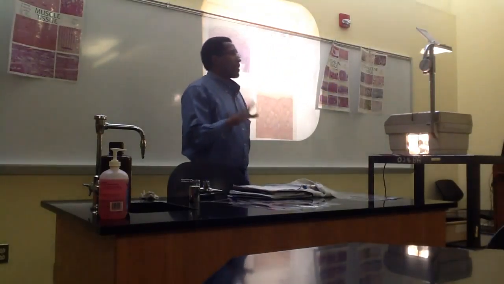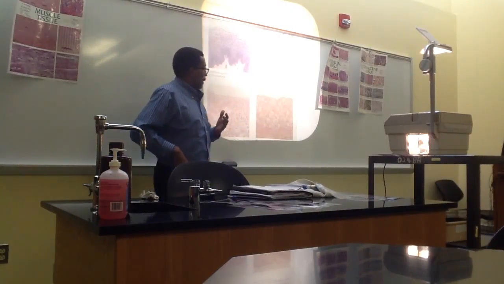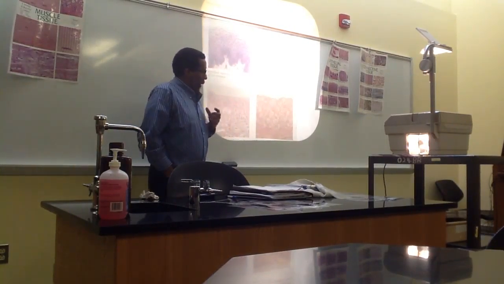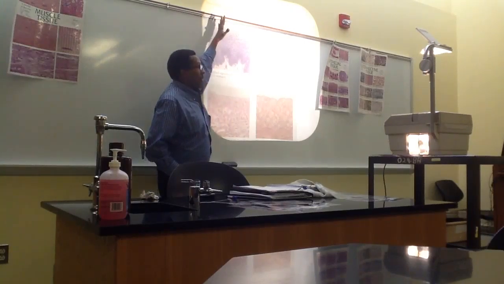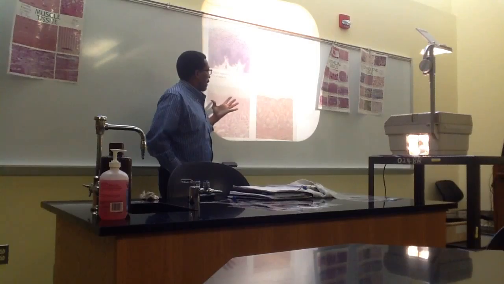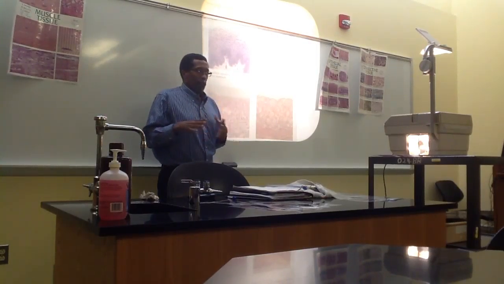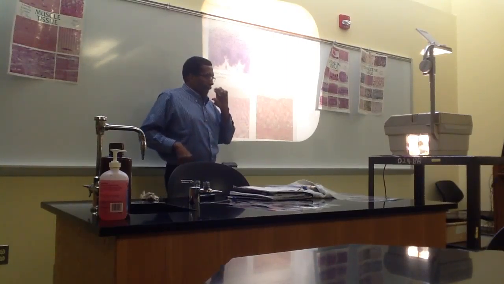All right, notice the system that we're going to use to zero in on the type of tissue that we're looking at. Of course, this is epithelial tissues. So how is it that we're going to not confuse epithelial tissues with the other tissues that we're looking at, especially connective tissues? All right.